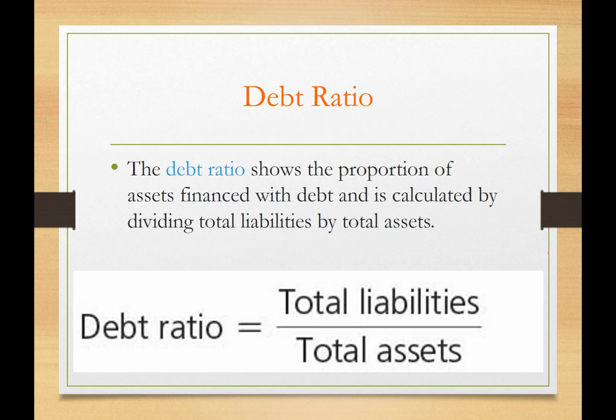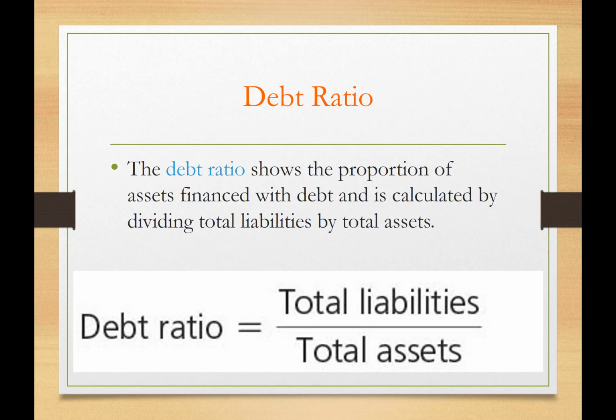All right, so the debt ratio is very straightforward, and that is how much of our assets are financed by our liabilities. So we would simply take total liabilities divided by total assets. And obviously, we do not want this to be high. We want this to be lower, the better. So we want the numerator to be lower than the denominator and as close to zero as possible.